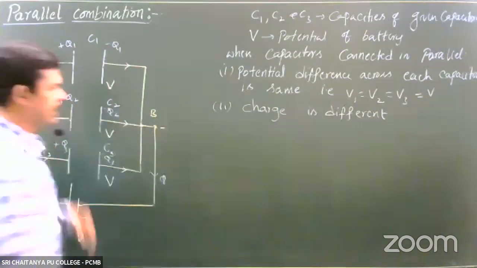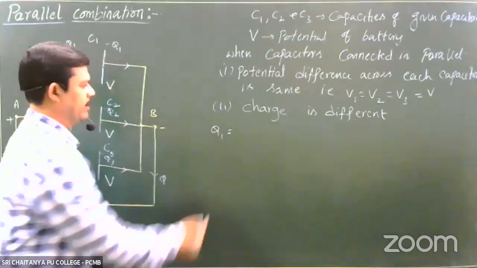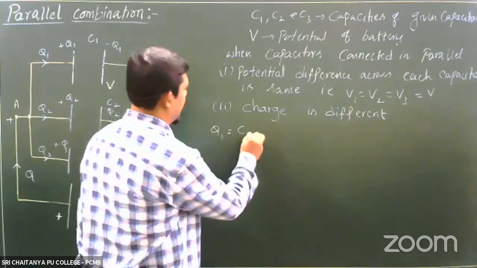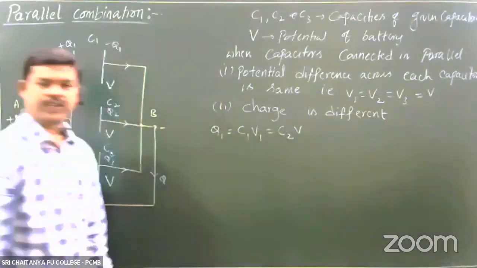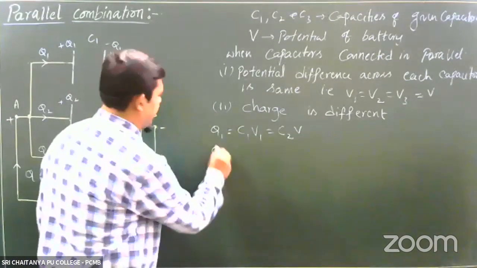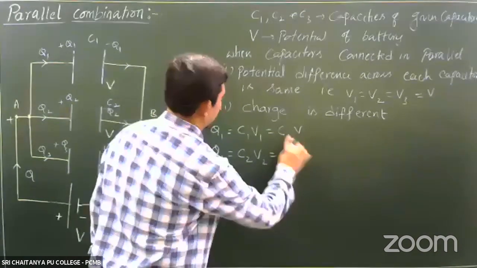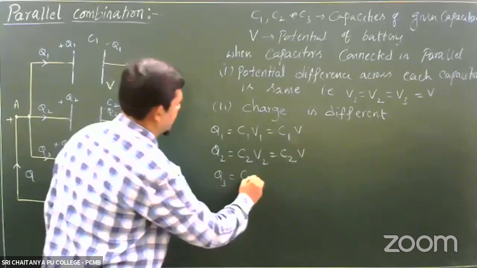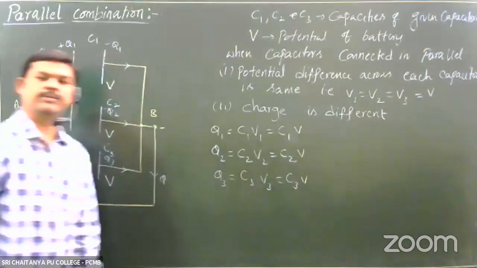Then what is that charge? Charge on the first capacitor, Q1, I want. I know the formula: Q1 is equal to C1V1, that is C1V. Charge on the second capacitor Q2 is C2V2, that is C2V. Charge on the third capacitor is C3V3, that is C3V.